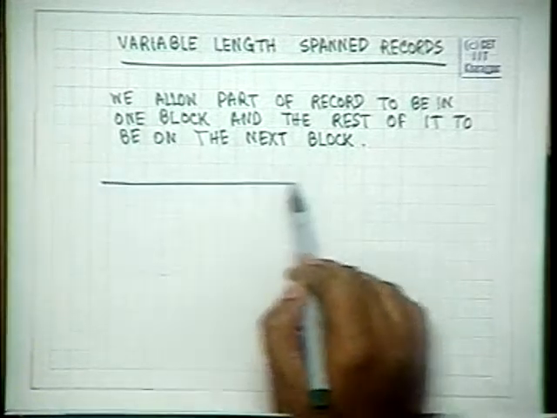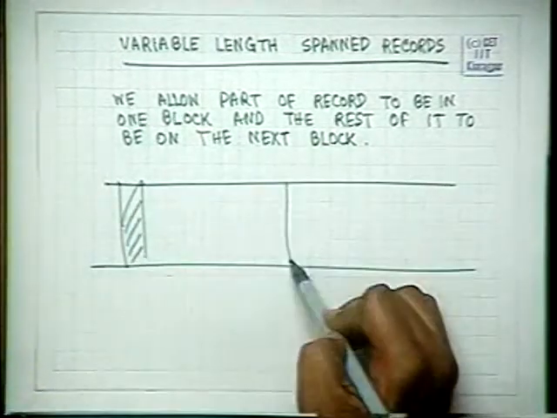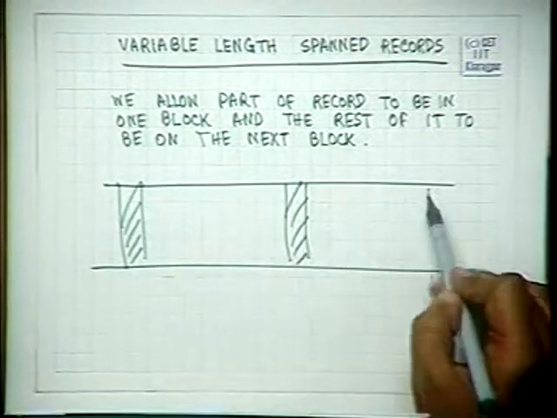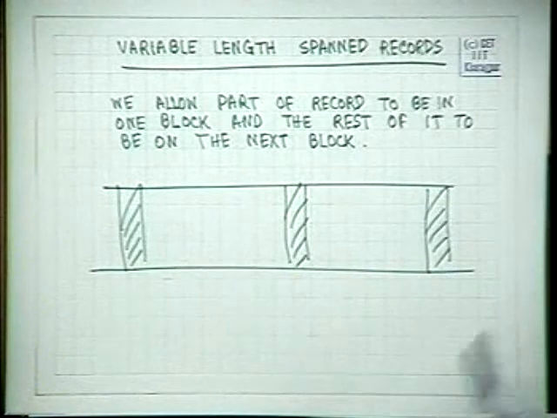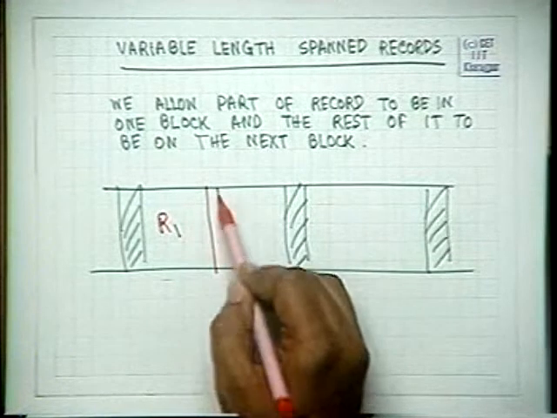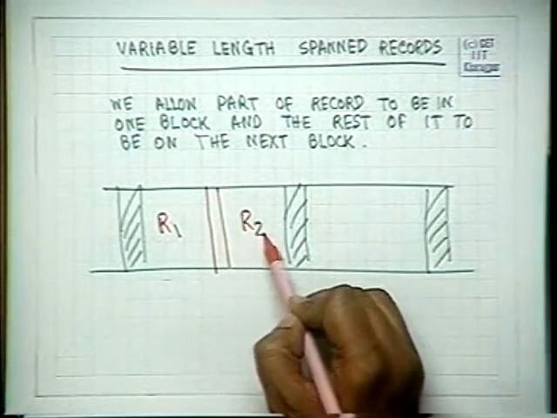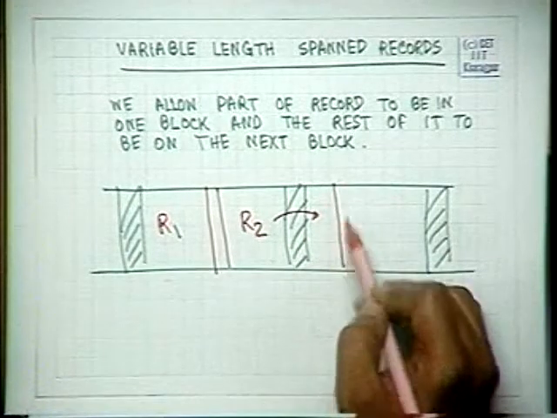That is, if this is the interblock gap, we have a record R1 here, and part of R2 can be here, and the rest of R2 can overflow and come here.